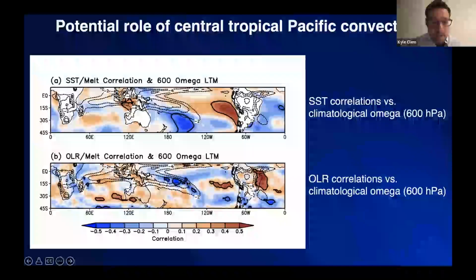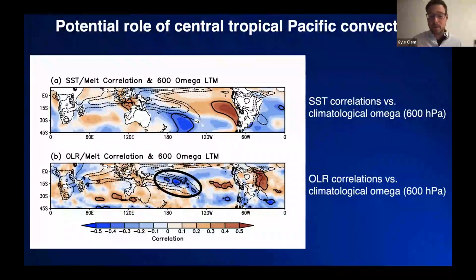However, the correlations with enhanced deep convection lie in a very favorable region here in the South Pacific Convergence Zone of large-scale ascent, and they would be conducive for producing a Rossby wave response, and the propagation would then be tied to the background circulation.